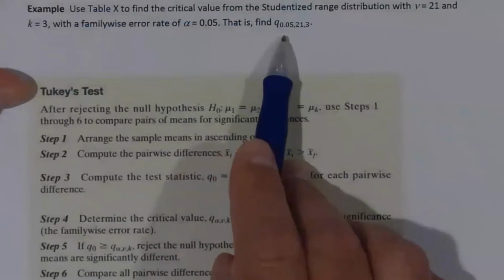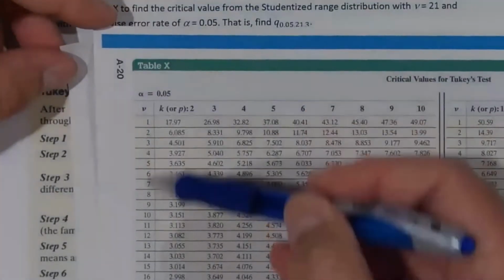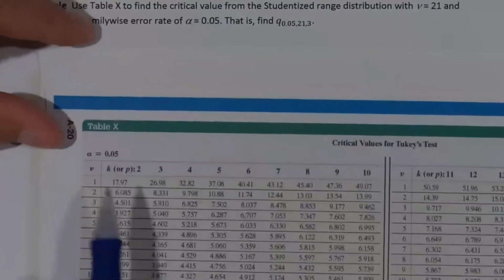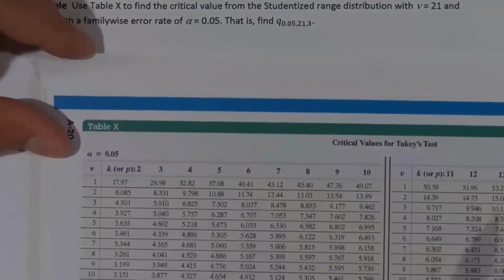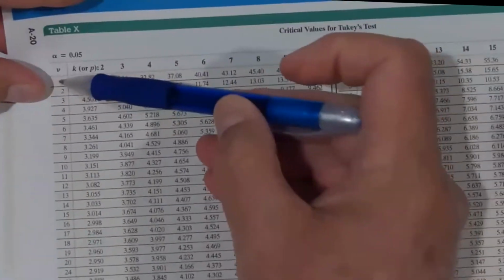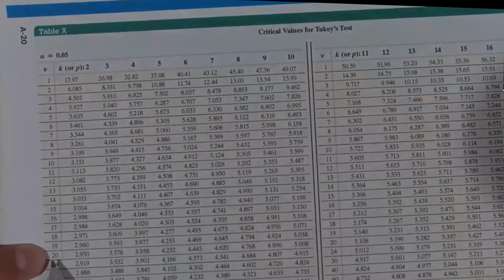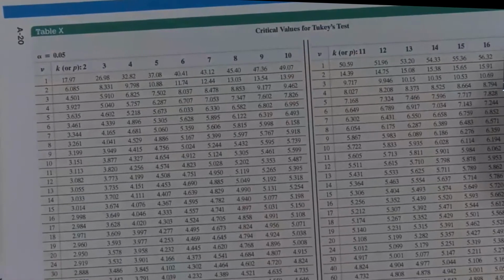Now, again, we have V equals 21. So I'm going to go down this column to find V equals 21 and K equals 3. I'm going to go across to find where K equals 3. Now, in this particular case, if I go down this column, I don't have an option for 21. I have an option for 20. So when that happens, I'm going to go with what's closest.